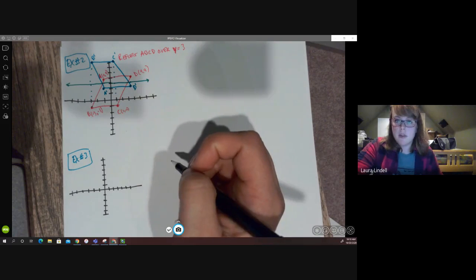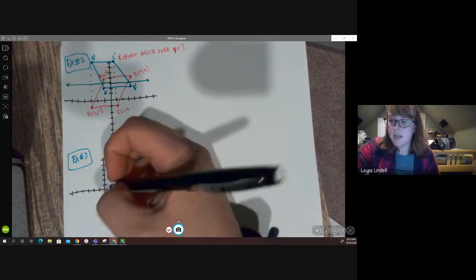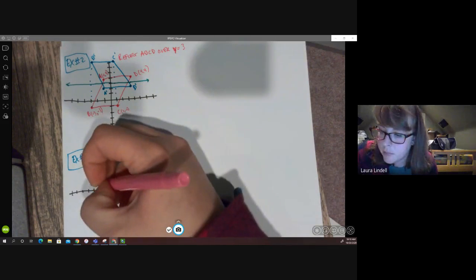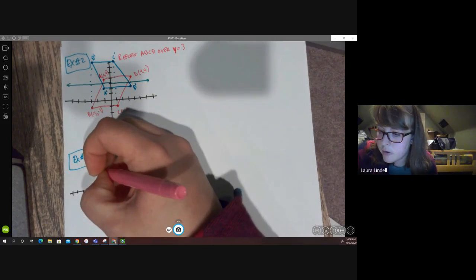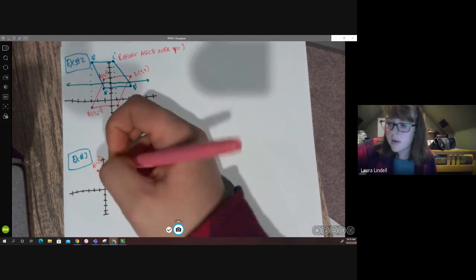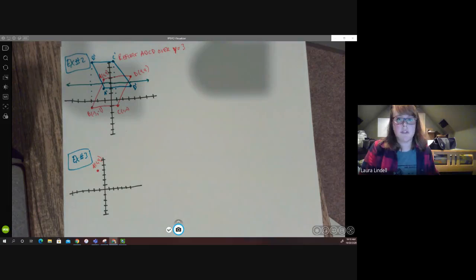Okay. So for my original shape, point A is going to be over -1, up 1, 2, 3, 4. And this one is going to be important to have the coordinates written down. And you'll see why in just a moment.